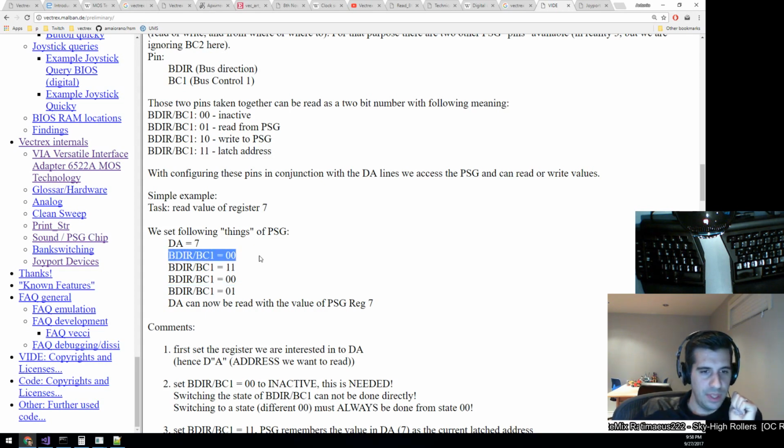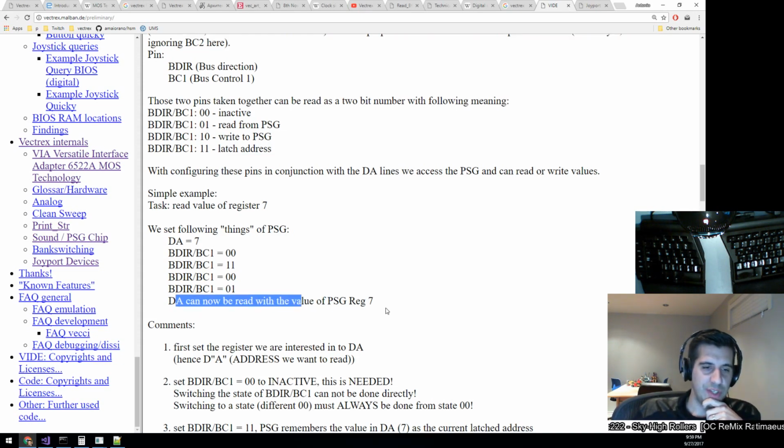So these three are enough for it to know, okay, the current register is register 7. The next thing is, are we in read or write mode? DA can now be read with the value of PSG register 7.